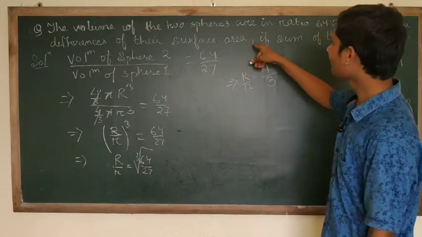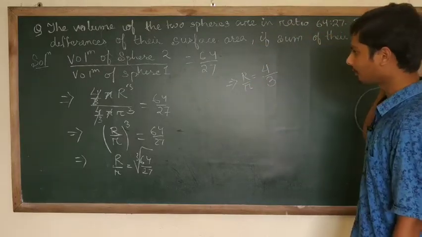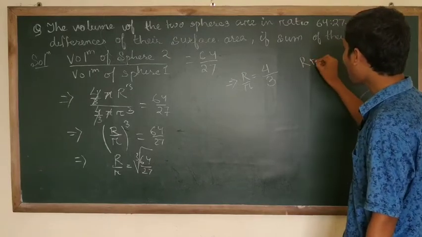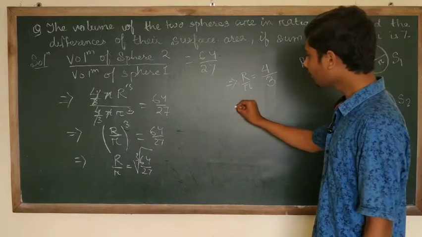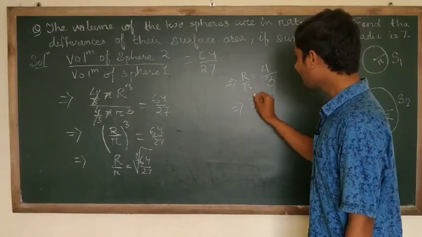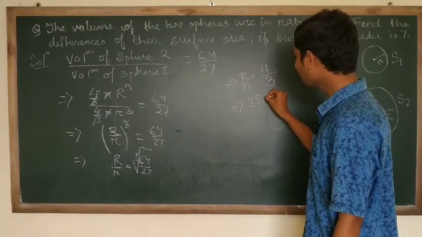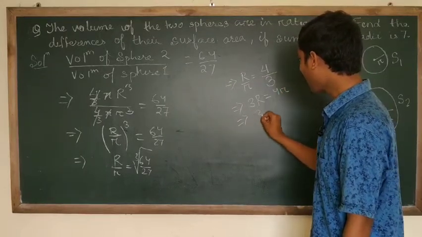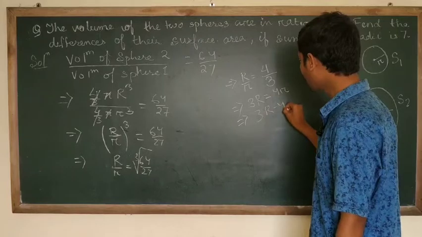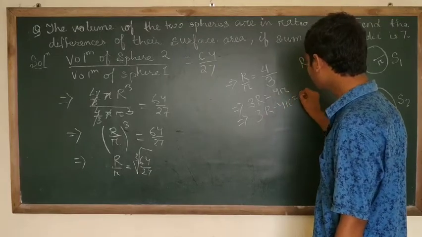Another thing is given: the sum of the radii is 7, meaning R plus r is equal to 7. So from here, by cross multiplication, 3R is equal to 4r, which implies that 3R minus 4r is equal to 0.